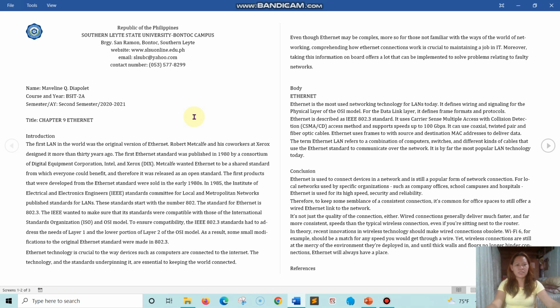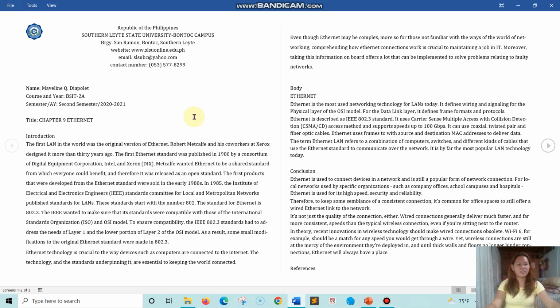Therefore, to keep some semblance of a consistent connection, it is common for office spaces to still offer a wired Ethernet link to the network. It's not just the quality of the connection either. Wired connections generally deliver much faster and far more consistent speed than typical wireless connections.